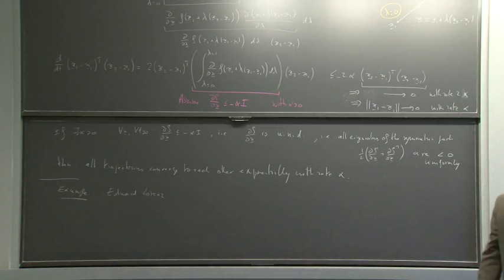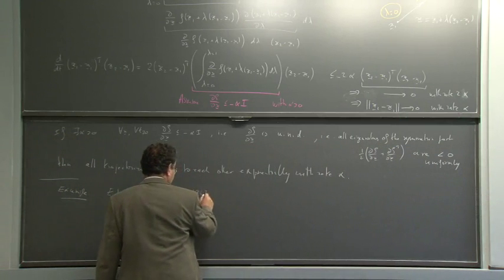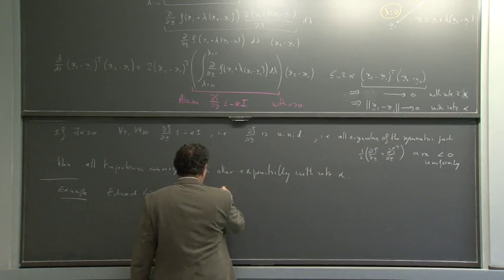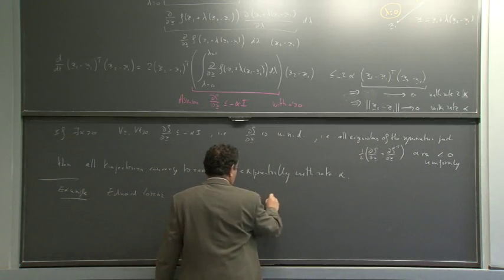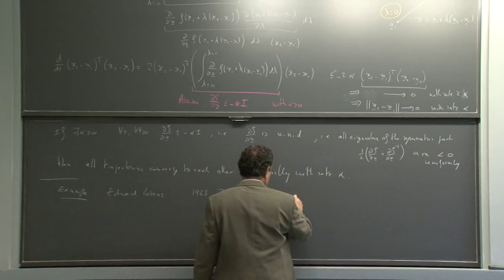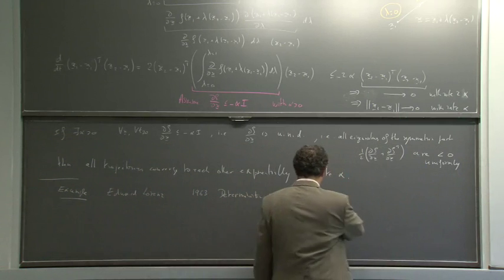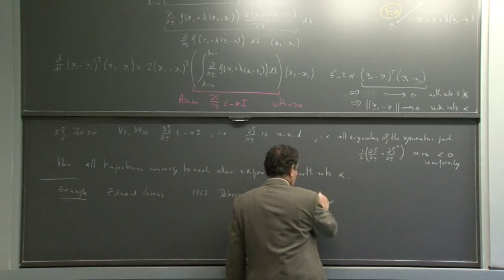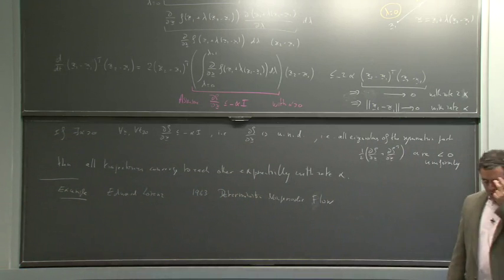So Lorenz wrote a paper in 1963 called Deterministic Non-Periodic Flow. It was a nice technical title, and almost nobody paid attention.